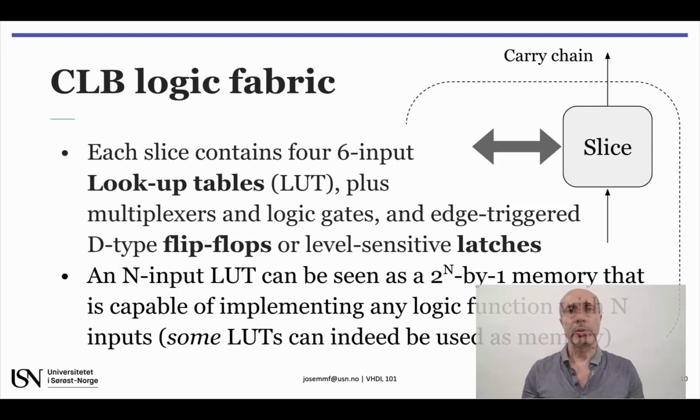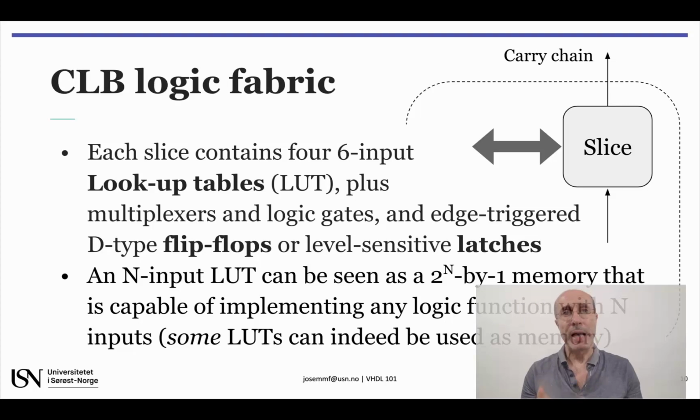Each of these blocks contains 4 lookup tables, besides 4 flip-flops, updated at the rising or falling edge of the clock, and 4 additional storage elements that can either be used as edge-triggered D-type flip-flops or level-sensitive latches. The 6-input lookup tables may be seen as arrays of 1-bit memory positions that enable the implementation of any logic function with 6 inputs.